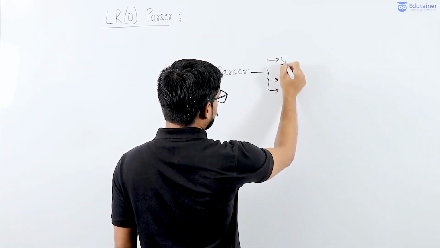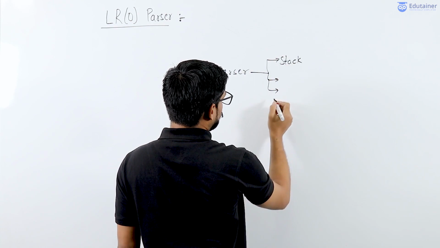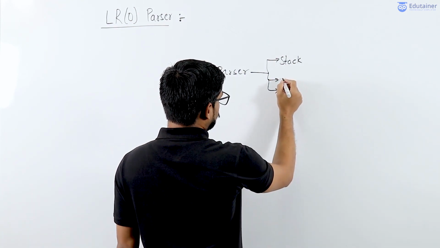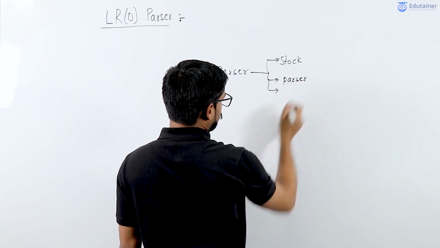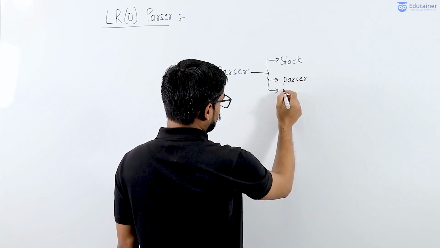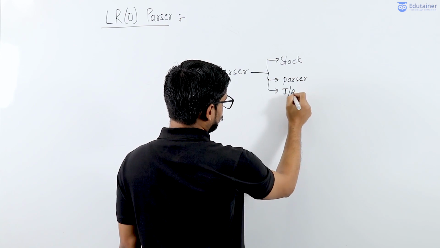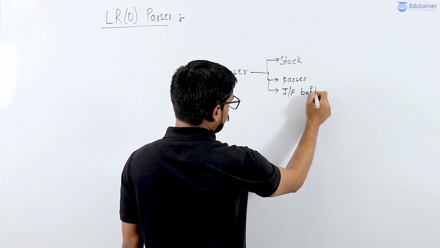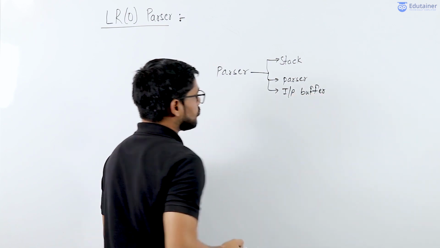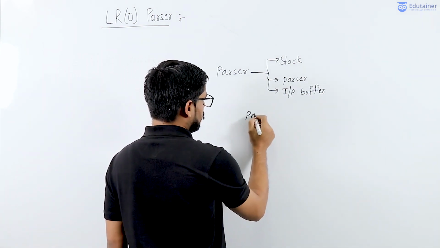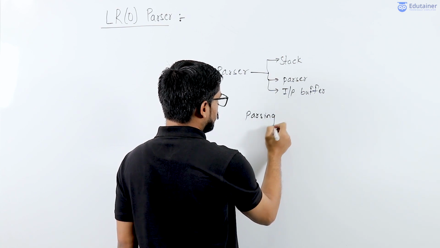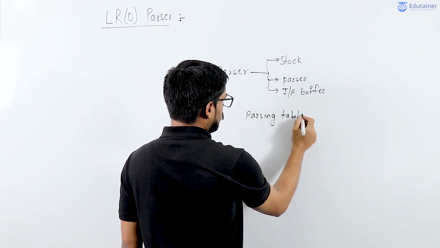One is the stack, second is the parser, and third is the input buffer. The only difference between each parser is their parsing table. So the parsing table is different in each parser.